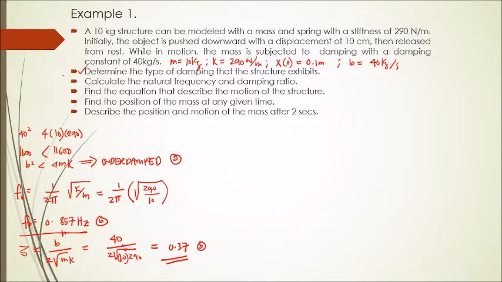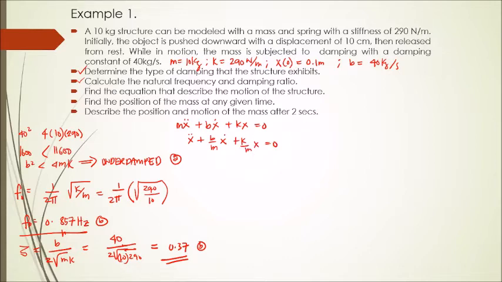Okay, now third is to find the equation that describes the motion. So we need to find the general solution. We have the generated equation for this damped free vibration, of the form m x double dot plus b x dot plus k x equal to 0. We divide everything by m, so we have x double dot plus b over m x dot plus k over m x equal to 0.